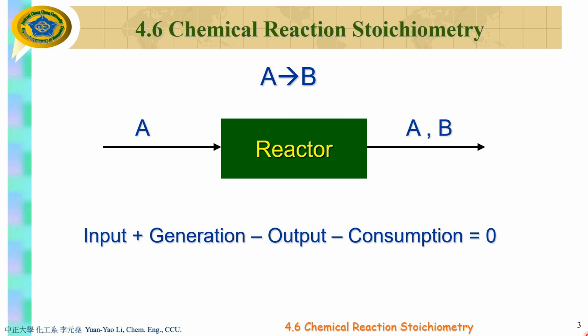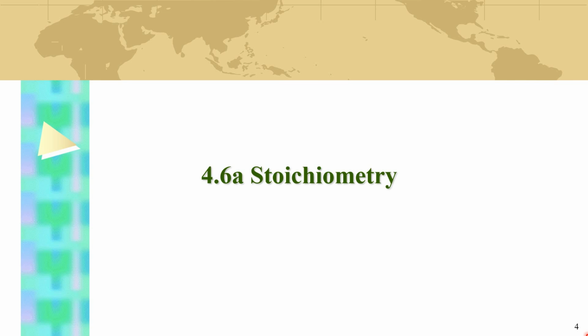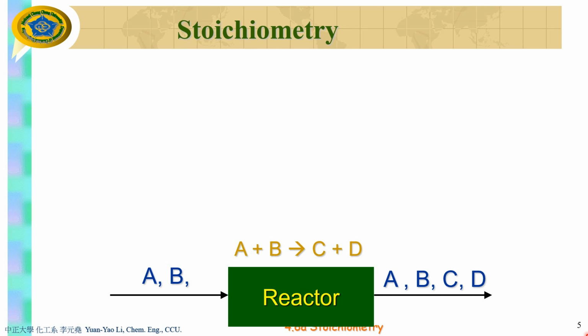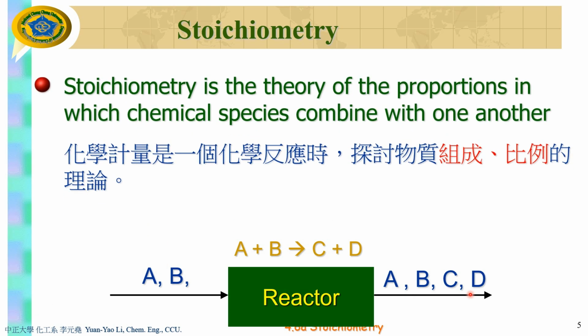Okay, let's go to 4.6a, stoichiometry. What is stoichiometry? For example, if you have two species, A and B, that become C and D. But again, you will have some A and B in the output stream. Stoichiometry is the theory of the proportions in which chemical species combine with one another.